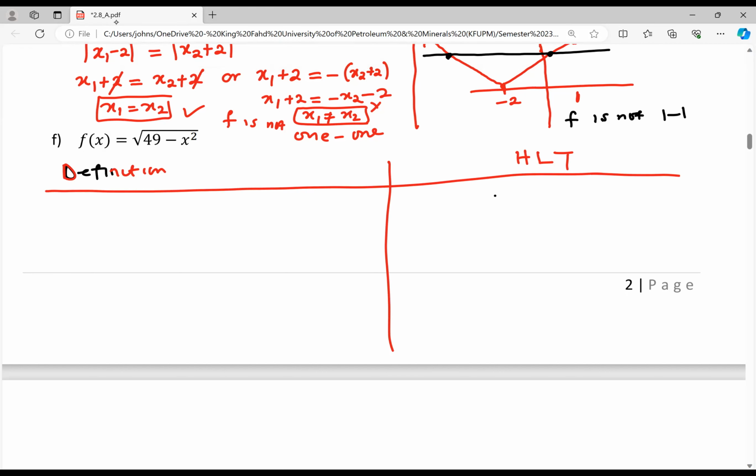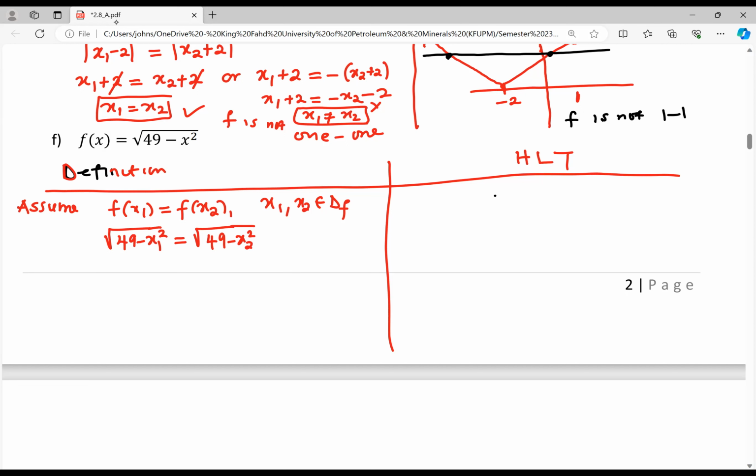Now, for this function, you assume that f of x1 is equal to f of x2. Here, x1, x2 is coming from the domain of f. So what is this? This will be the root of 49 minus x1 squared equal to the root of 49 minus x2 squared, right?